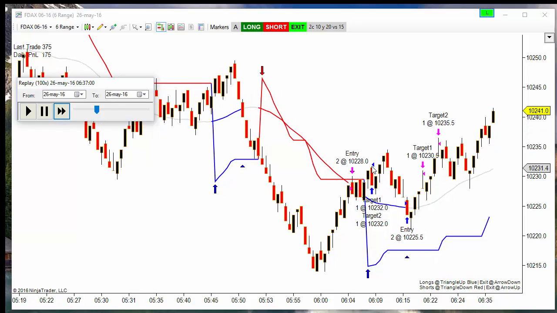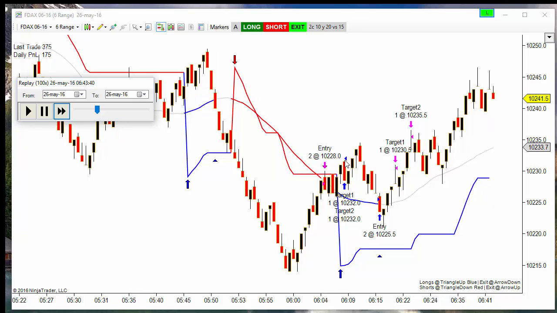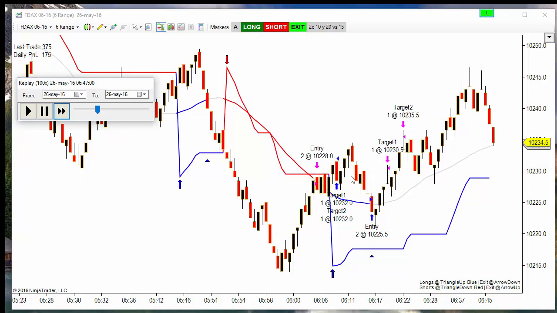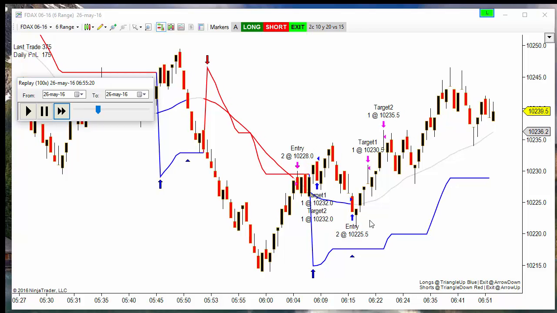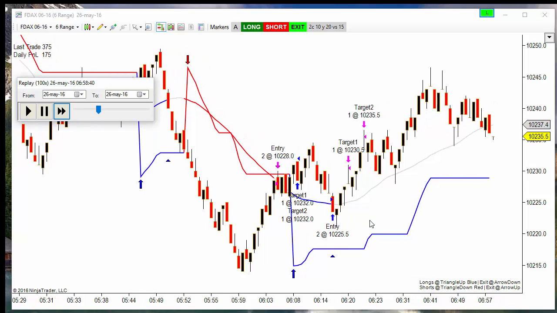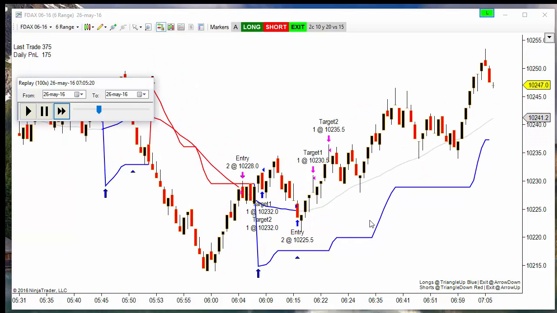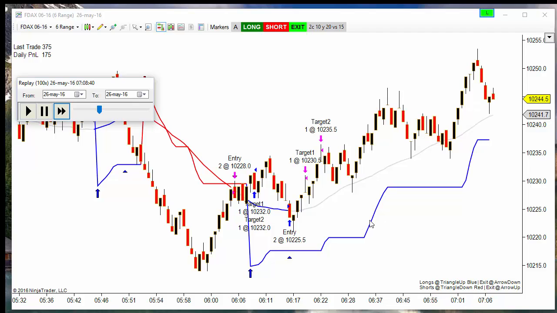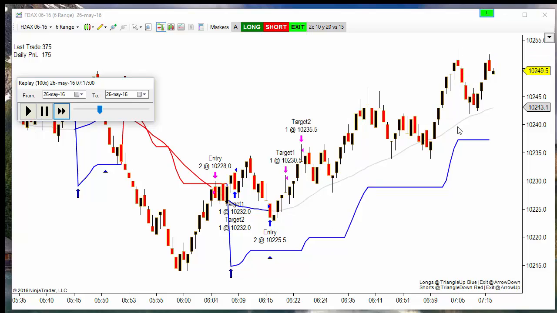We have a target on both objectives. The classic entry would have been a loser. This is the entry, the place for an entry. The pullback was so big that it will be stopped out. Now we are not doing anything.